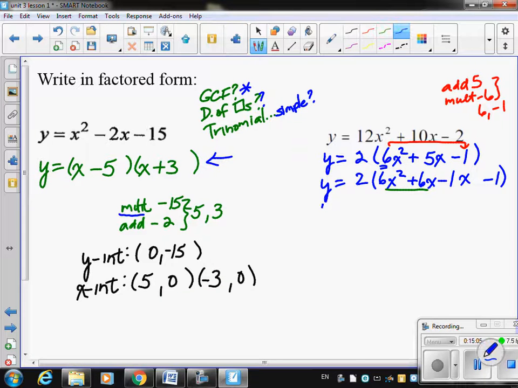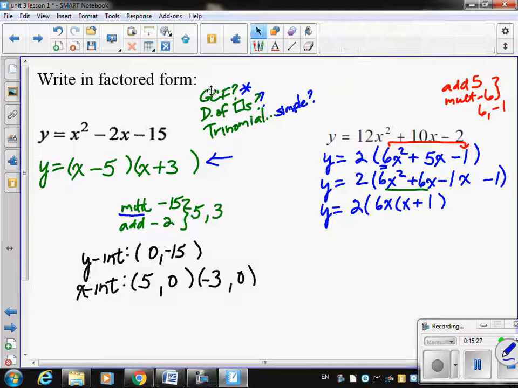Now I factor by grouping those first two. Right, y equals, don't forget to write your 2. Now I'm going to factor these guys. I see a greatest common factor of a 6 and an x. 6x times what gets me what I started with? Well, I need an x for that first term, and I need a 1 to hold the second term. Pause.